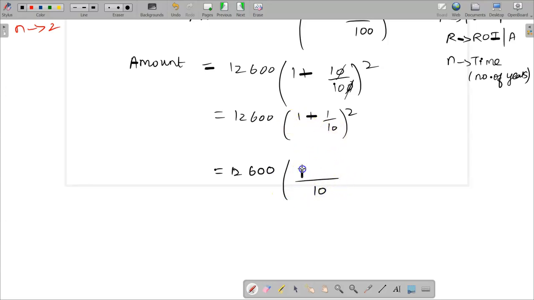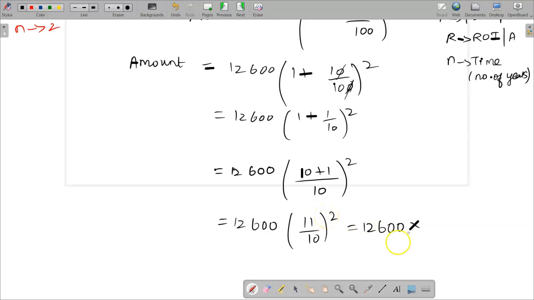Okay, so 1 into 10 is 10, 10 plus 1, the whole square. So it is 12,600 into 11 by 10, the whole square, which I can write as 12,600 into, since it is a square, right? So I have to write this term 2 times, 11 by 10 into 11 by 10. Why? Because it is square.